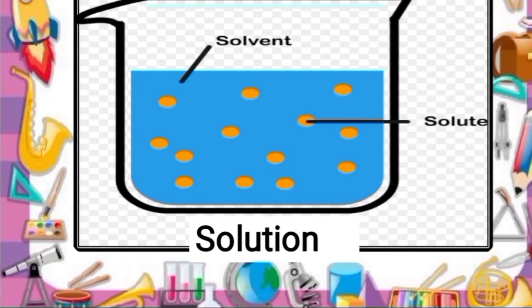So in a solution, the substance which gets dissolved is the solute, whereas the solvent is the substance in which the solute will dissolve. There are many products in day-to-day life prepared by the mixture of one or many solutes and solvent, which form a solution. These products are medicine, soap, tea, coffee, lime juice, etc.